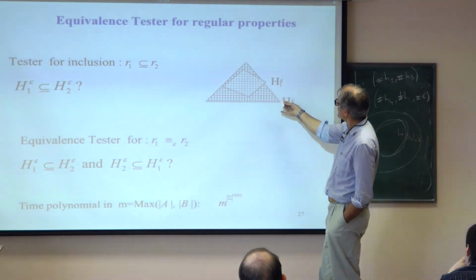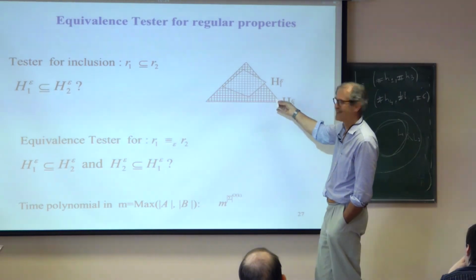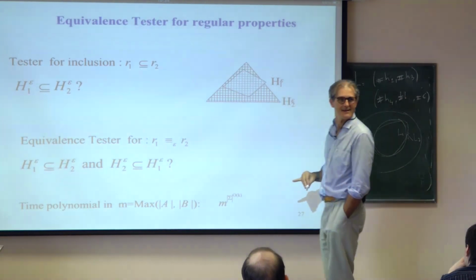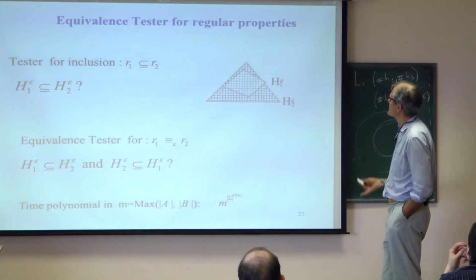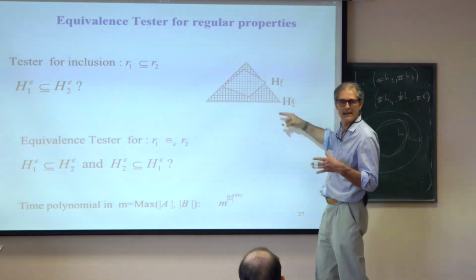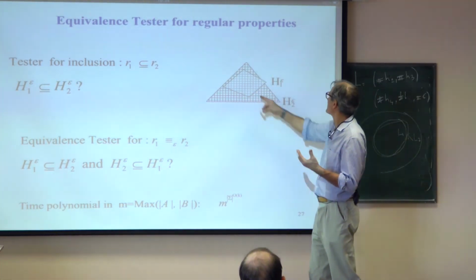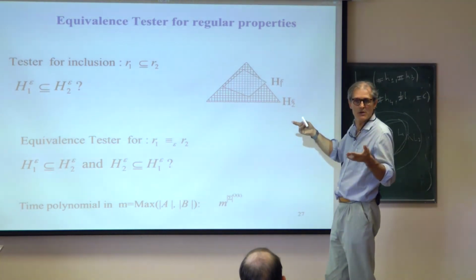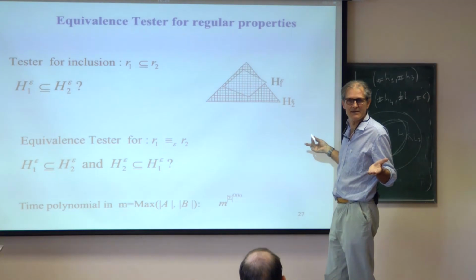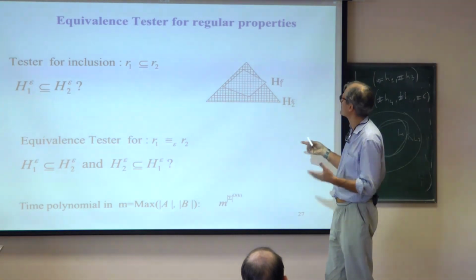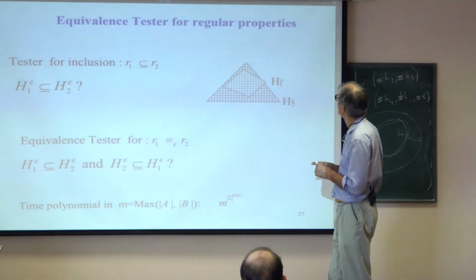And in this picture, they would be far, because some point here is far from this one. Essentially, the number of points in the grid is exponential in the dimension, true, but it doesn't depend on n, or on the length of R1 or the length of R2. So that's important.